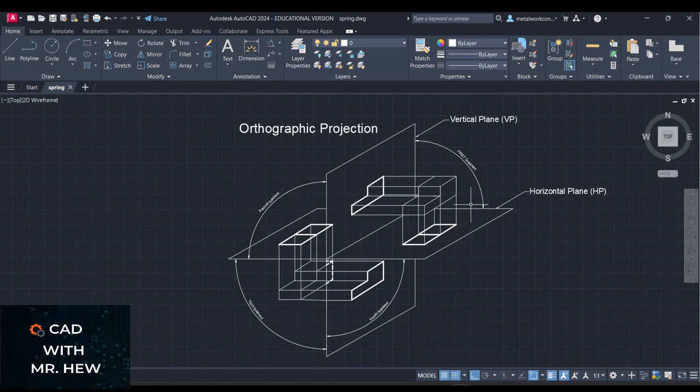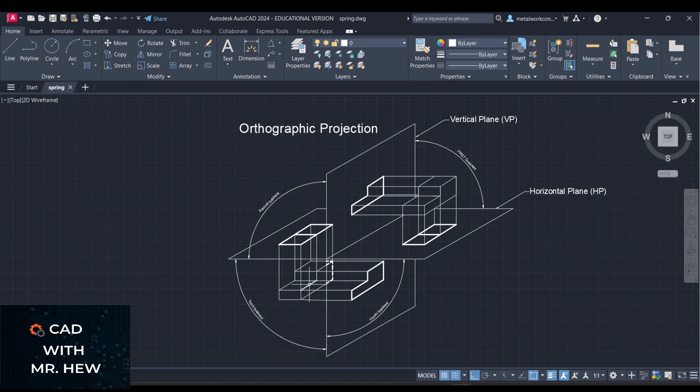This is what we would see when looking at the object from this way. Likewise, if we are looking from above, the lines projected down, perpendicular to the plane, would give you this plan view here in the first quadrant, okay?